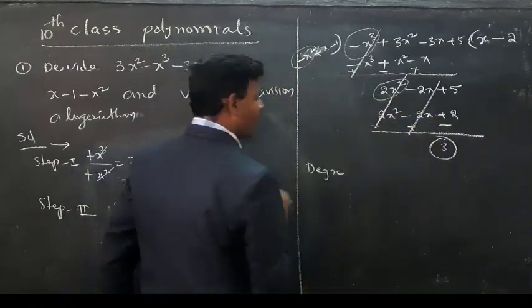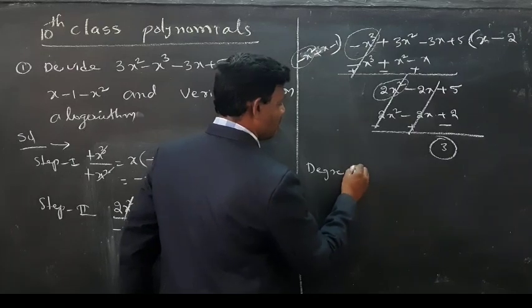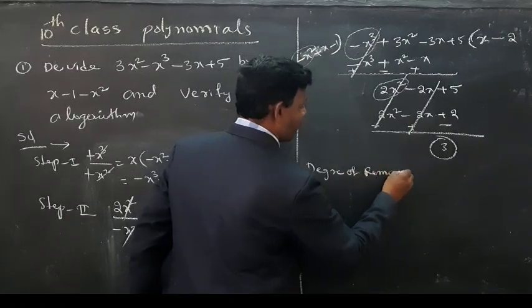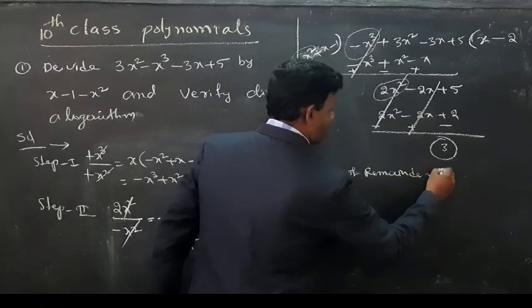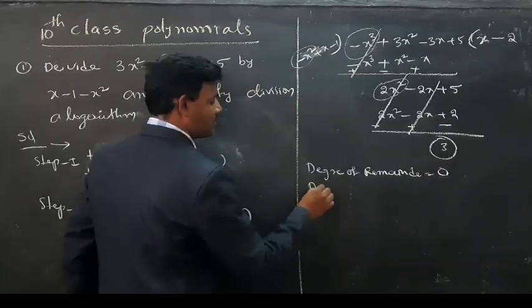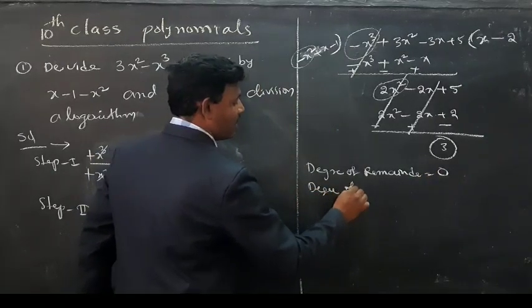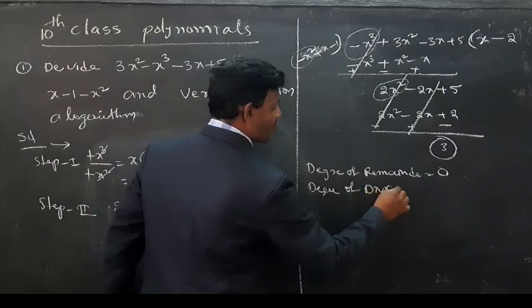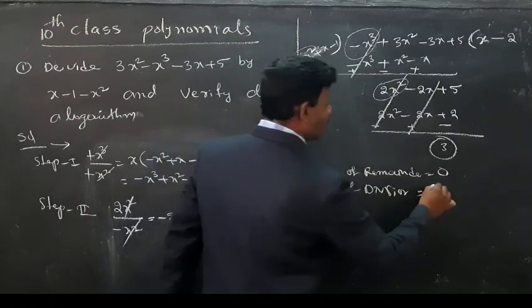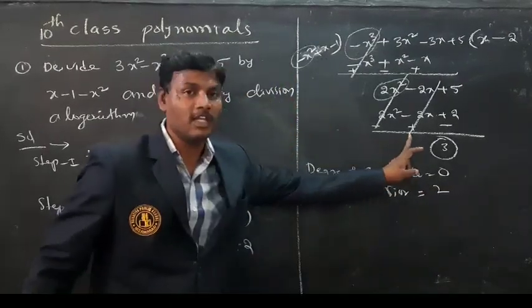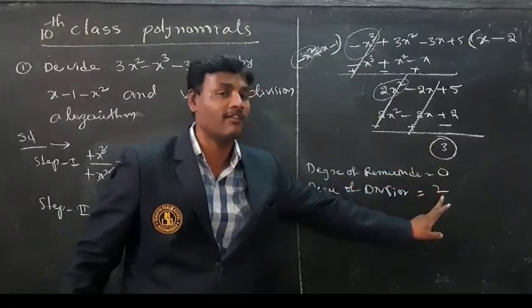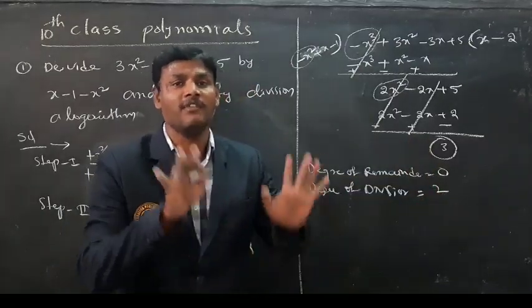What is the degree of the remainder here? Degree of remainder is equal to 0. Next, degree of divisor is equal to 2. So here the degree of the remainder is less than the degree of the divisor, so you can stop the division.